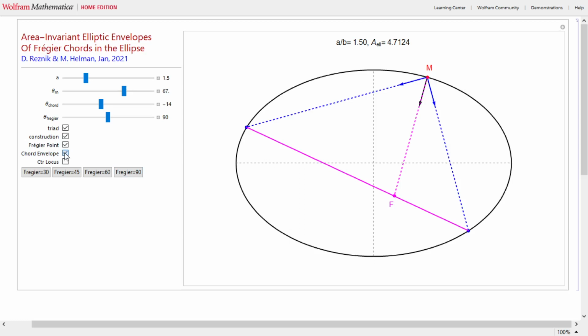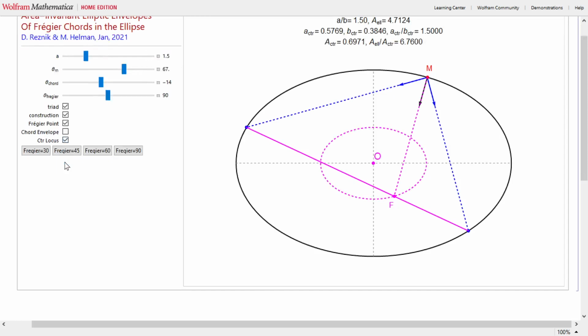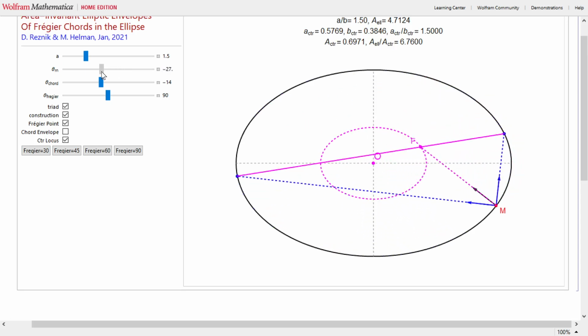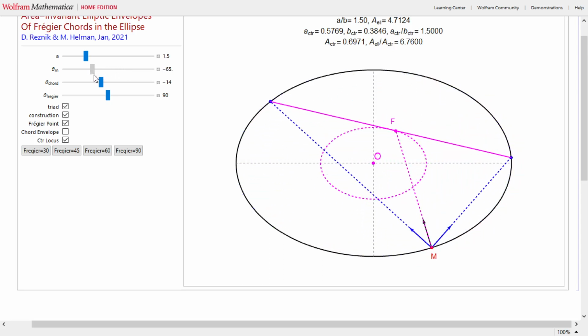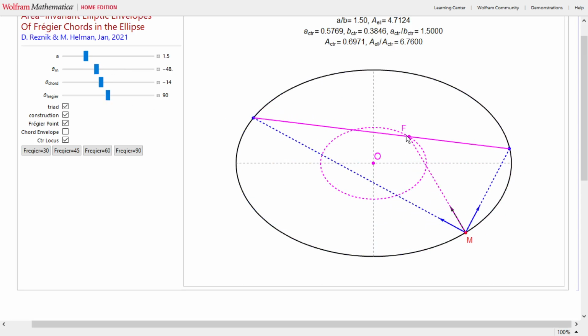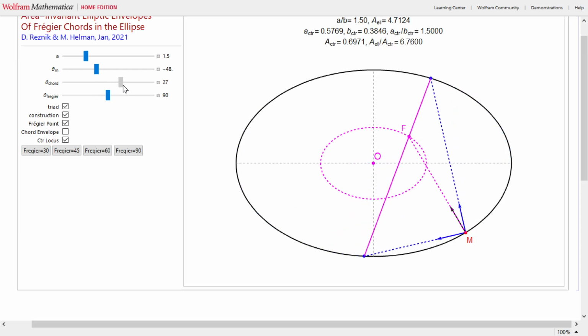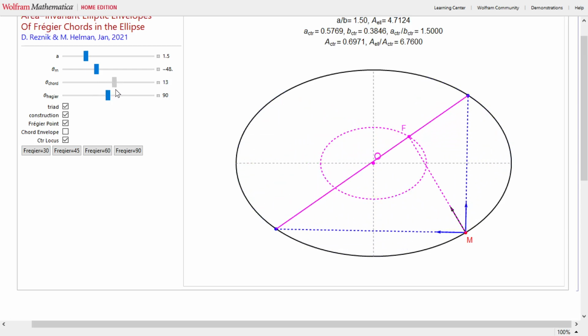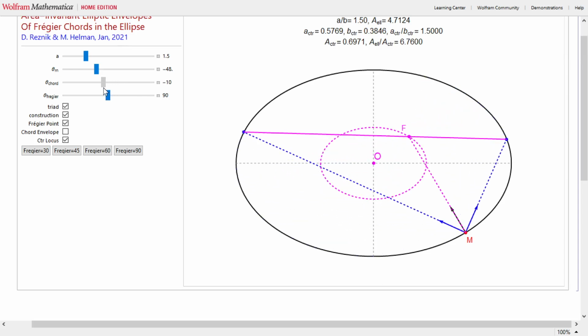I believe this is it. As I move M around, what's the locus of that uniquely associated Frégier point? I can put M anywhere, and my Frégier point will be there. Of course, I can move my chord family, spawned off by this 90-degree pair of blue arrows, and my Frégier point doesn't change.